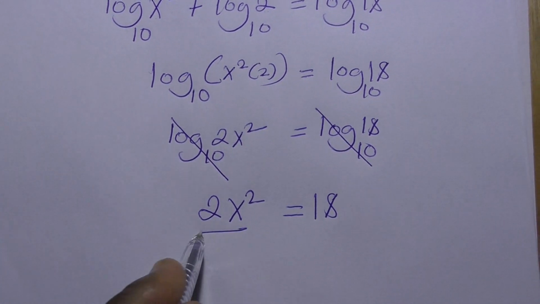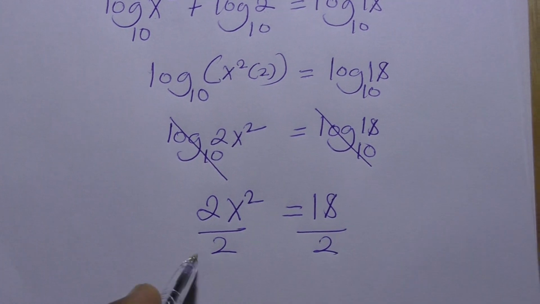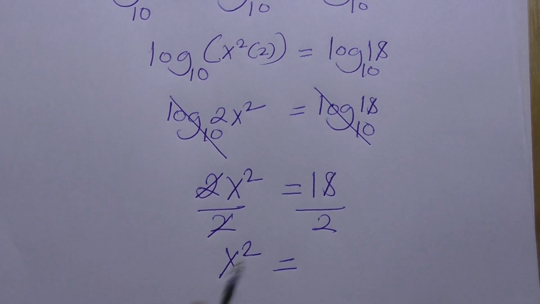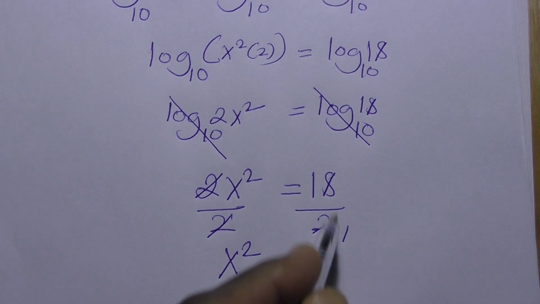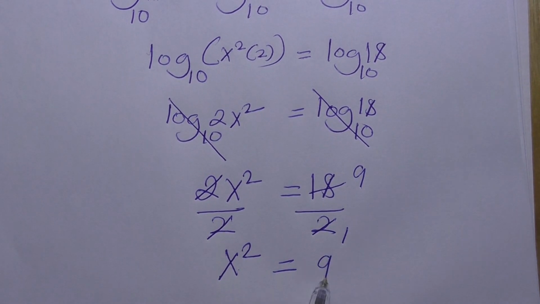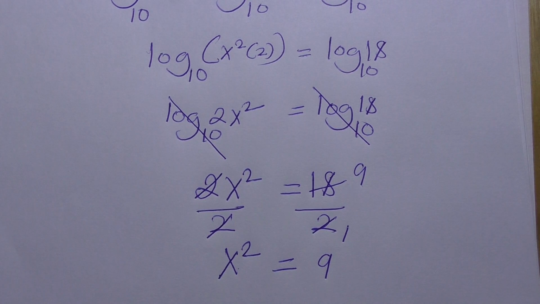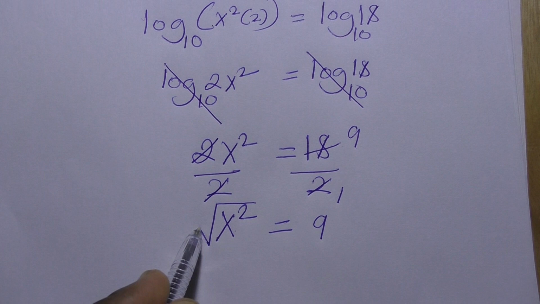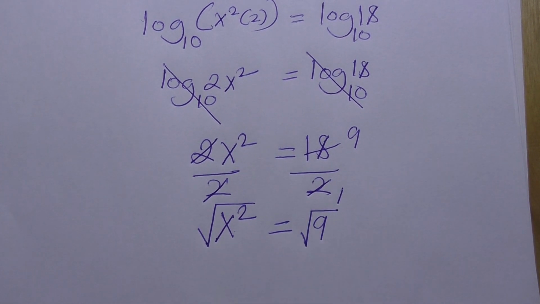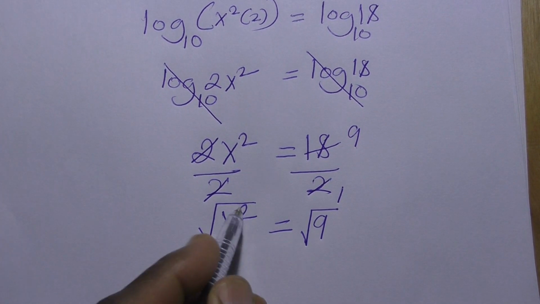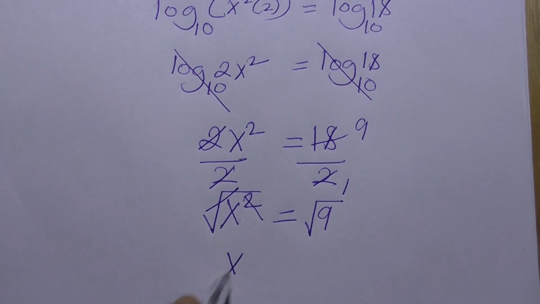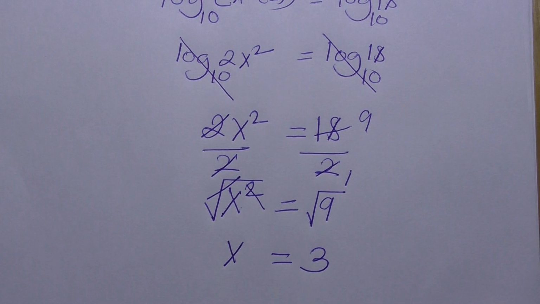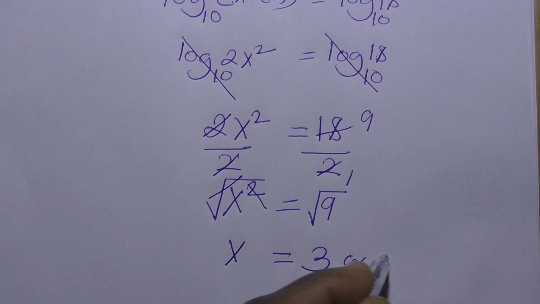We divide by 2, hence remaining with x squared equals 9. We get the square root since we are solving for x. This reduces with the square root, you get x. The square root of 9 is 3 or negative 3.